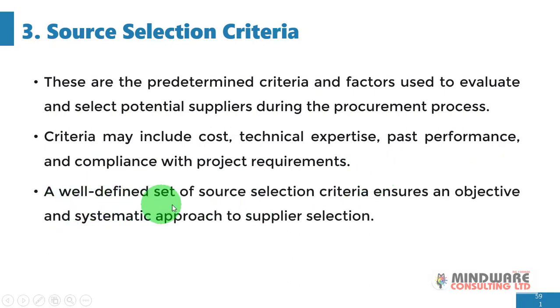A well-defined set of source selection criteria ensures an objective and systematic approach to supplier selection. So you don't want to joke with this, and you don't want to allow halo effect to interfere with your selection processes. By halo effect, I mean you don't want to involve favoritism. Okay, I know this person, or someone in the project team knows this person, maybe based on past relationships or dealings in the past.